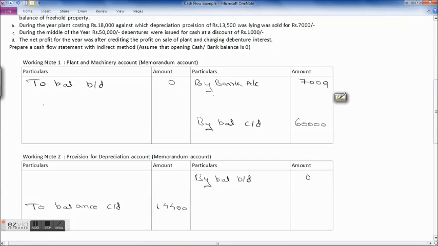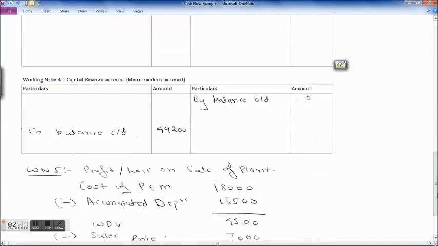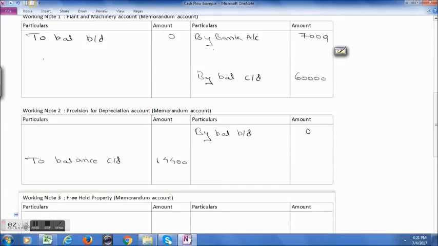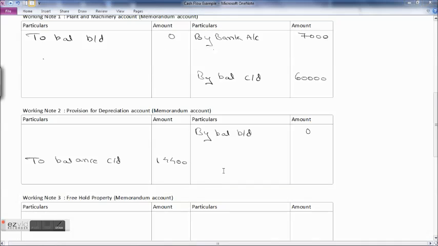Okay, then what is the accumulated depreciation? It is 13,500. So we'll transfer this accumulated depreciation from provision for depreciation account to your asset account. Okay, so the entry will be provision for depreciation account debit to asset account.